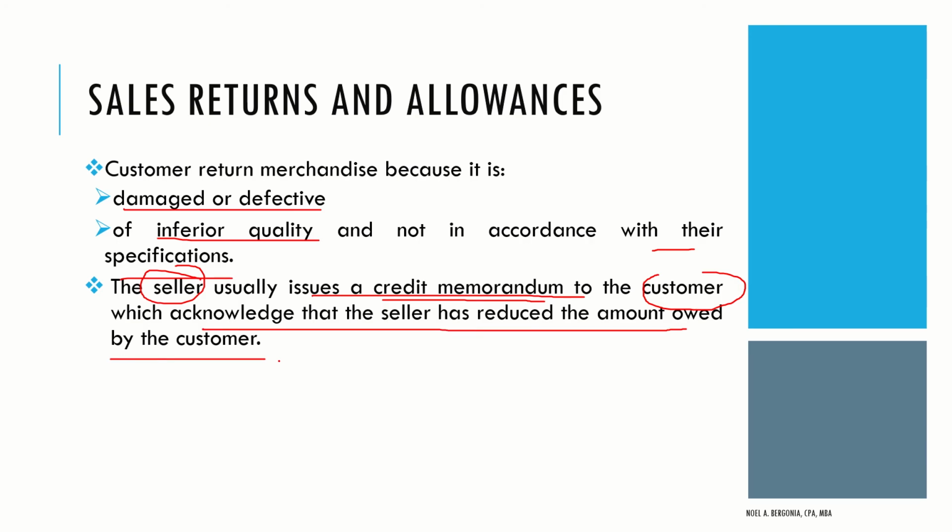So eventually, possibility that you will see the credit memorandum is kapag nagbenta si seller ng merchandise on account, 'di ba? Tapos syempre binalik ni buyer nga yung merchandise na binili dahil defective, then a credit memorandum or credit memoranda, no, will represent the amount na tatanggalin natin doon sa utang ni customer.